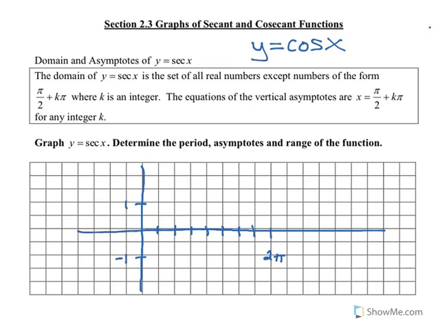We know cosine starts high, and then goes down, and at 4 boxes we're at negative 1. 3/4 of the way through the cycle, we're back to 0. All the way through the cycle, we're back to 1 where we started. And that's going to be our cosine curve.